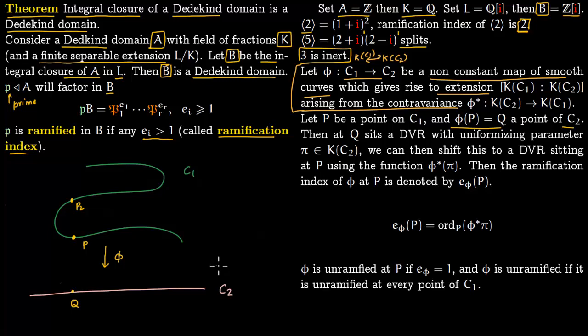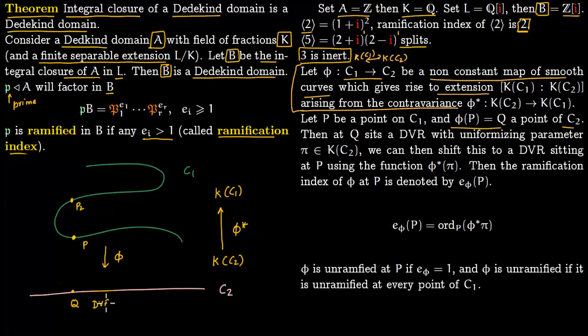So this is the map, and we said we have the corresponding map in the opposite direction, which takes K_C2 to K_C1. This field is the field of fractions of the coordinate ring corresponding to curve 2, and this is the field of fractions corresponding to the coordinate ring of this curve. Now at this point Q sits a discrete valuation ring, a DVR.